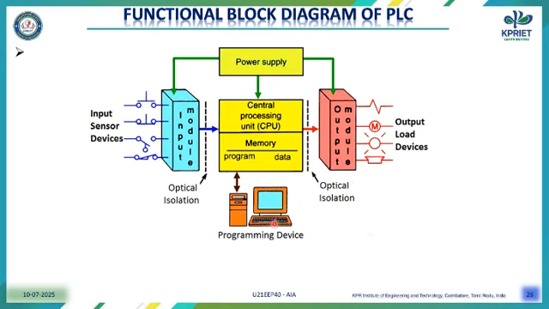We have to interface the programming device, so that we write the program to control the output devices based on the input sensor values. Optical isolation is provided for both the input side and the output side. Both the input and output modules are connected to the supply, and the central processing unit also requires supply. We store the program in memory, and the central processing unit processes the data.